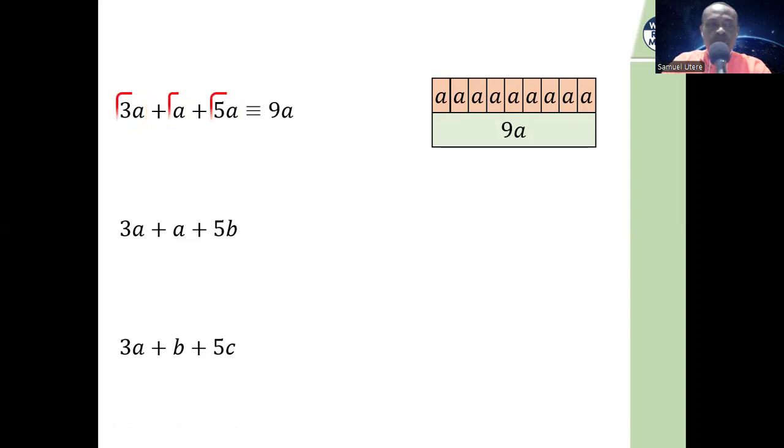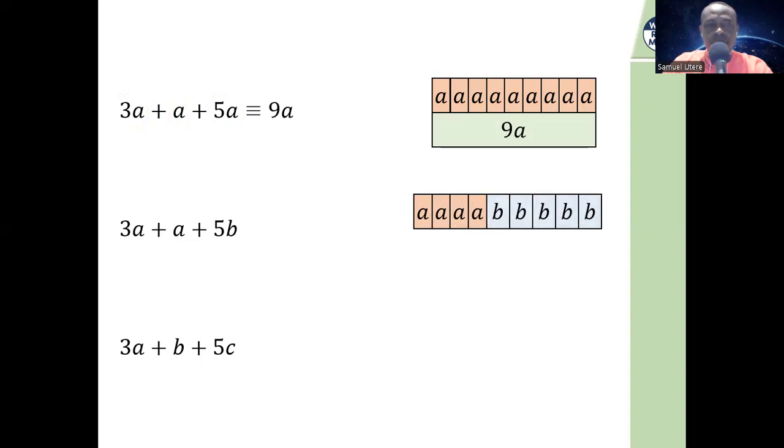We have 3 lots of a, add a, and we have 5b, 5 lots of b. So if we want to use the equivalent symbol, after simplifying this, we're going to have 4a add 5b.